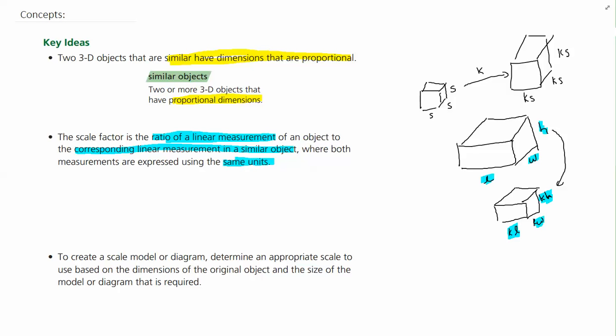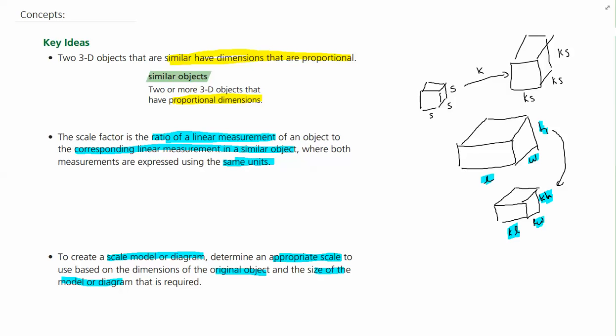If we're in the process of creating a scale model or diagram, we determine the appropriate scale that we're going to use based on the dimensions of the original object and the size of the model or diagram.